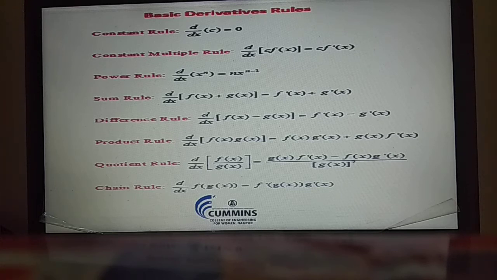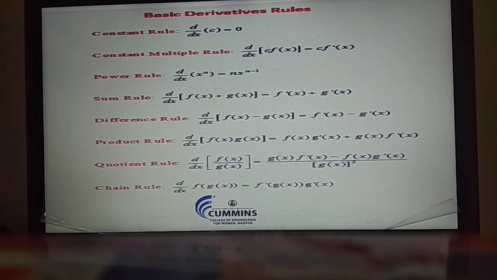Now the two rules are sum rule and difference rule. Two functions are given, and we take either the sum or the difference and find d by dx. So d by dx of f x plus g x equal to f dash x plus g dash x. Similarly, d by dx of f x minus g x equal to f dash x minus g dash x.